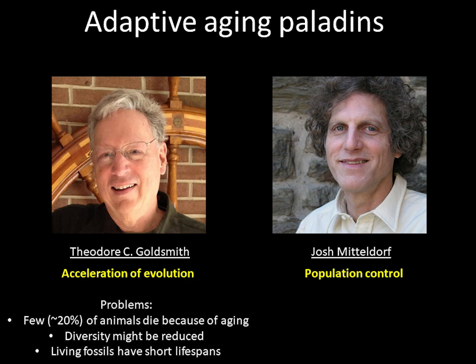This model has problems because only a few animals, about 20%, are dying of aging in the wild. Also, by accelerating generations, we do not increase diversity. We reduce diversity, and what we increase is fixation of the trait.